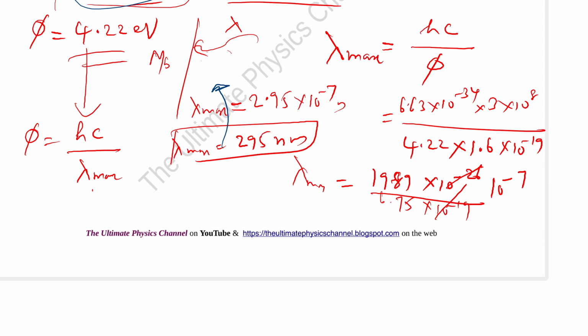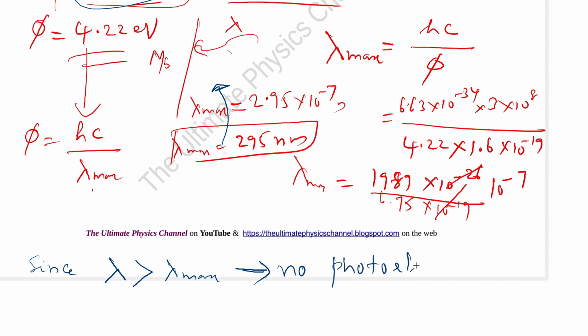So I write here, since lambda, the wavelength of the incident electromagnetic radiation, is greater than lambda max, yellow light will not cause any photoelectric effect in molybdenum.